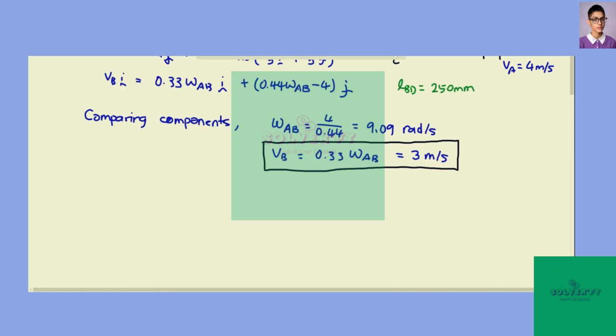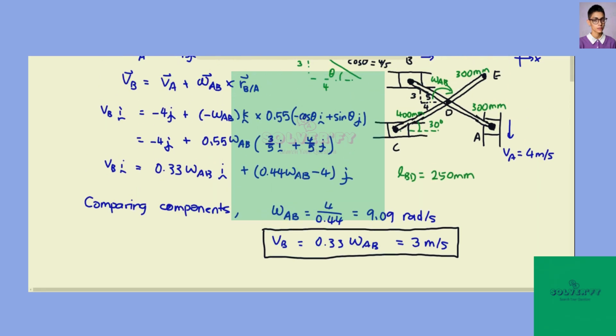Okay, next we want to find VC. So to find VC, C is going to move because of the rotation of CE. Okay, the link CE.